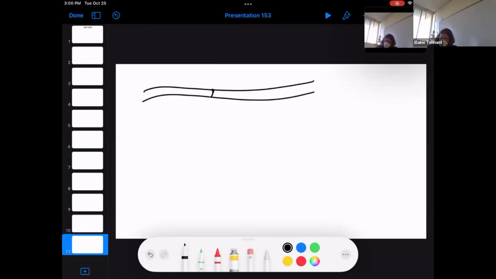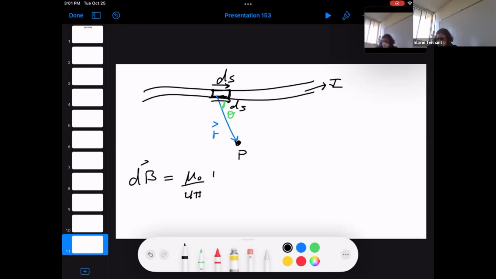If I have some wire and I take a small chunk of this wire, length ds, like that, and I look at some point P out here, some radius R from the wire, such that the angle between ds and R is theta, the amount of magnetic field produced by that little chunk of wire, some distance R away, equals mu naught over 4 pi times the current times ds cross R hat, over the magnitude of R squared.